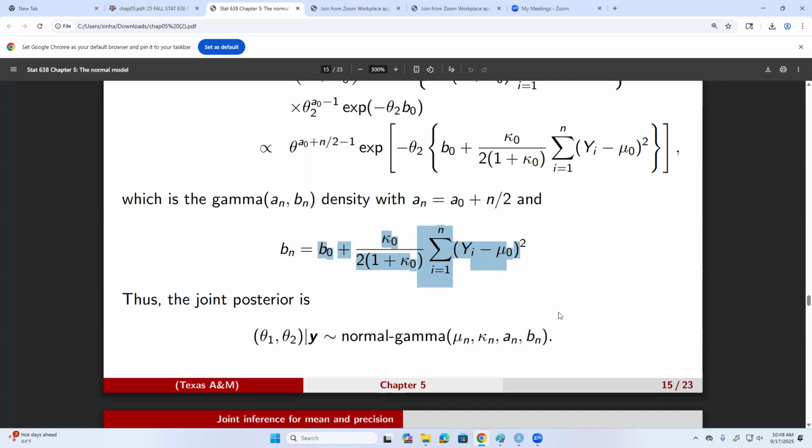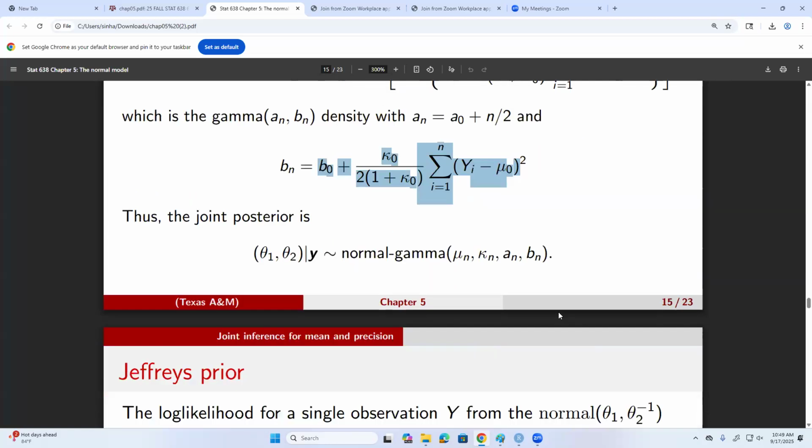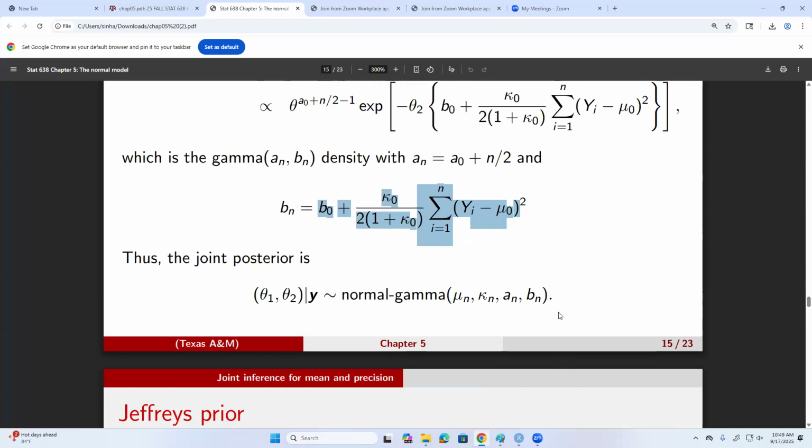Likewise, you do it for theta 2. Questions? If you are interested in calculating the posterior correlation between theta 1, theta 2, you can calculate the correlation of the pairs of observations.